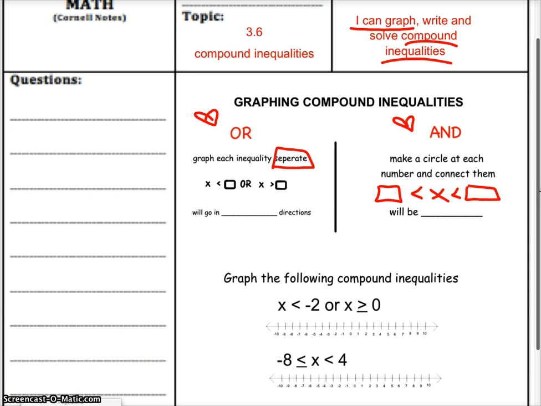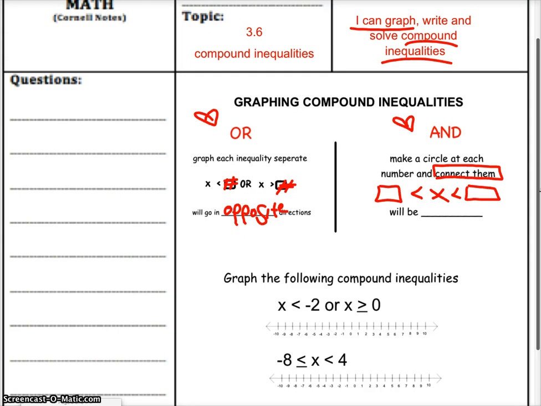It looks like this. X is less than a number or bigger than a number. It's going to go in opposite directions. So we make a circle at each number, and for an and you're going to connect them.